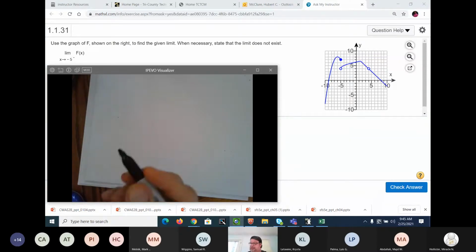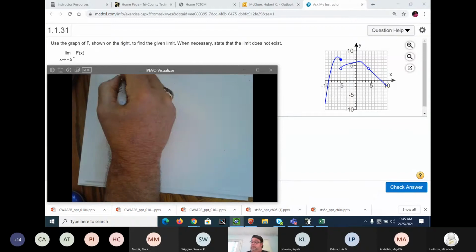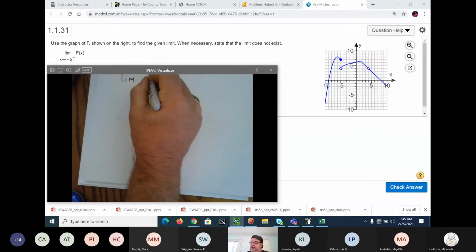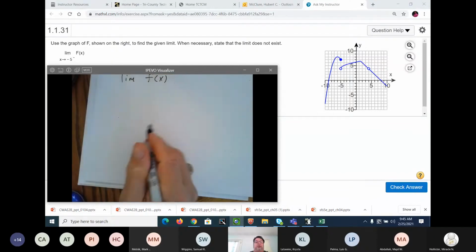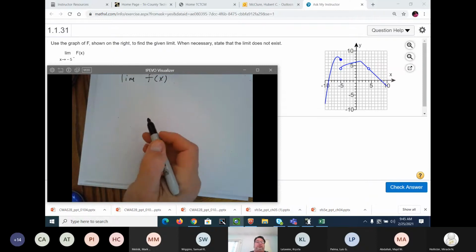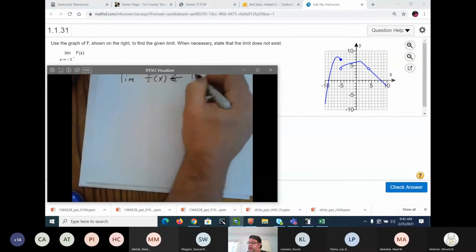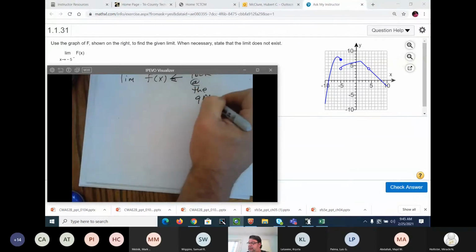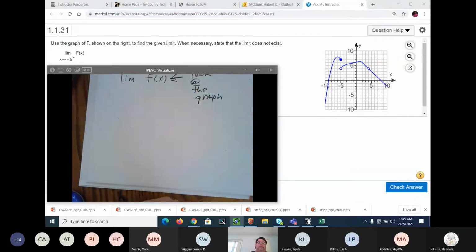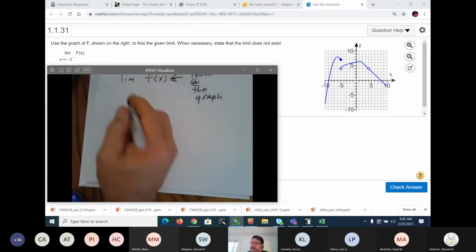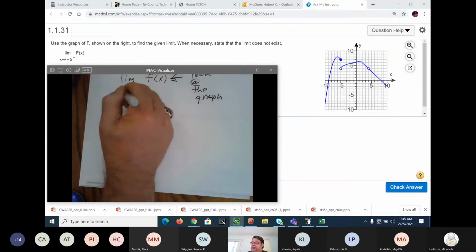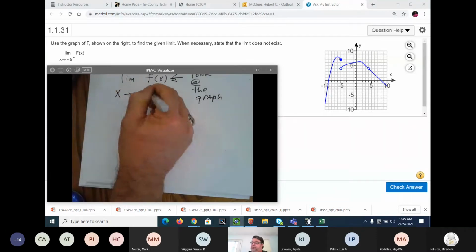All right, this thing says limit of the function, and they don't give you an algebraic function. They just tell you this means right here, look at the graph. That's what that means. Okay, and tell me what's happening as x approaches -5 from the what?